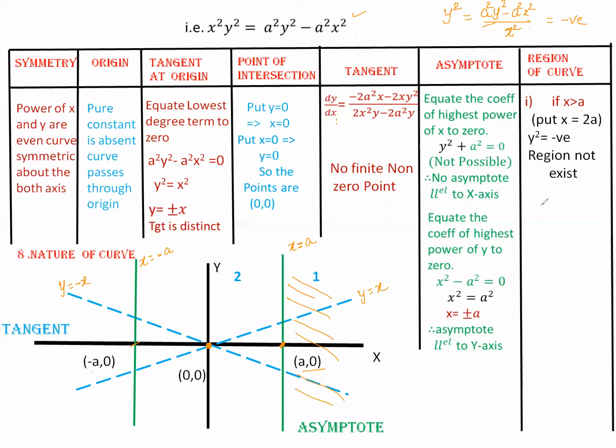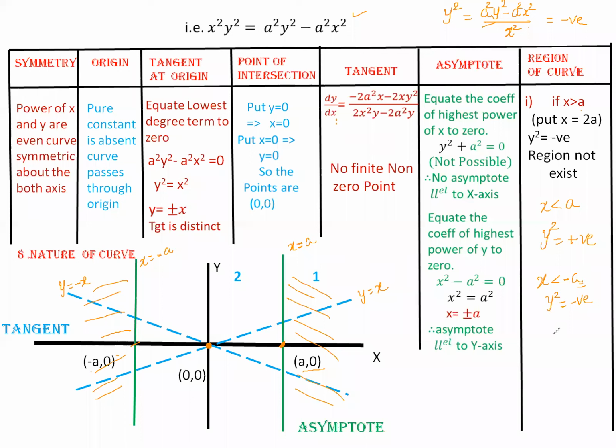Similarly, if x is less than a, then y square is positive. If x is less than minus a, beyond this asymptote, again we cannot trace any graph, so y square becomes negative, because x equals minus a itself is an asymptote, and an asymptote is a tangent at infinity to the curve.